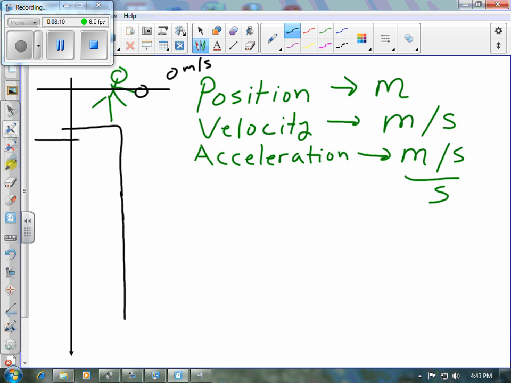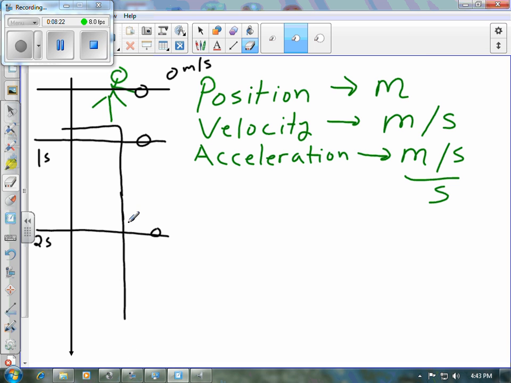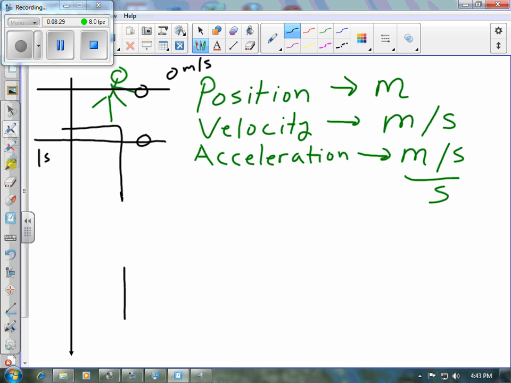Okay, so let's redraw this just slightly differently. Now what we're going to do is say this is where the rock is after 1 second. This is where the rock is after 2 seconds. This is where the rock is after, well, that's too evenly spaced. Hold on, let's try this again. Wait, that's not an eraser, it's a pen. Okay. There's zero, this is 0 seconds, 1 second, 2 seconds, and then 3 seconds, okay?